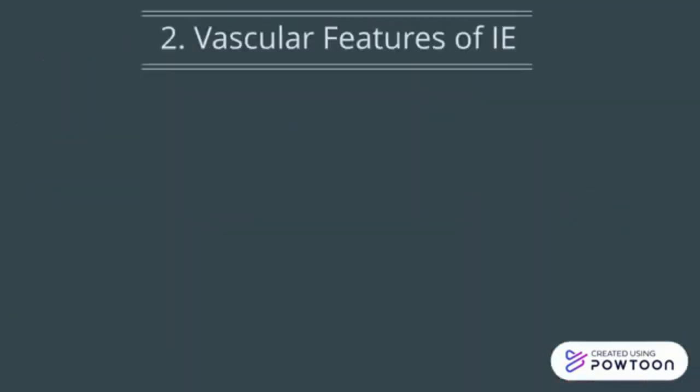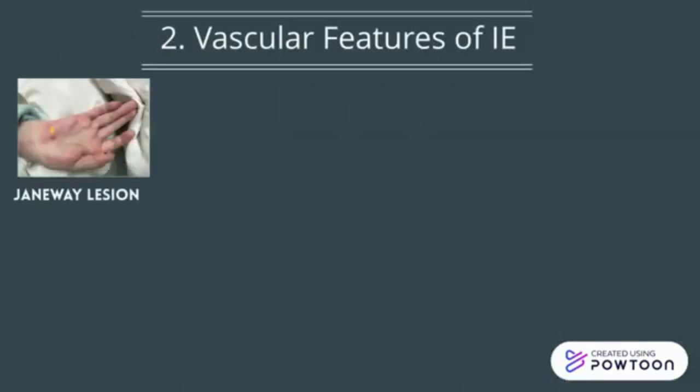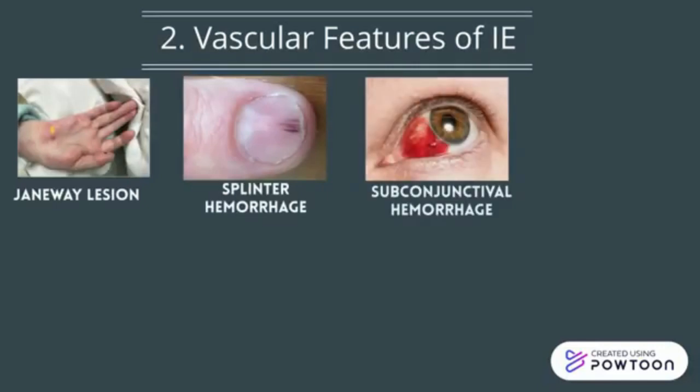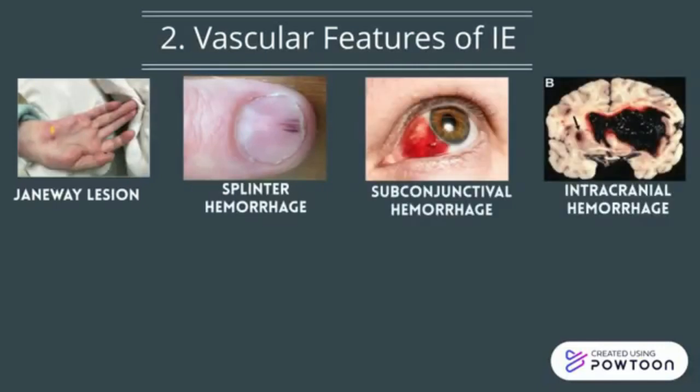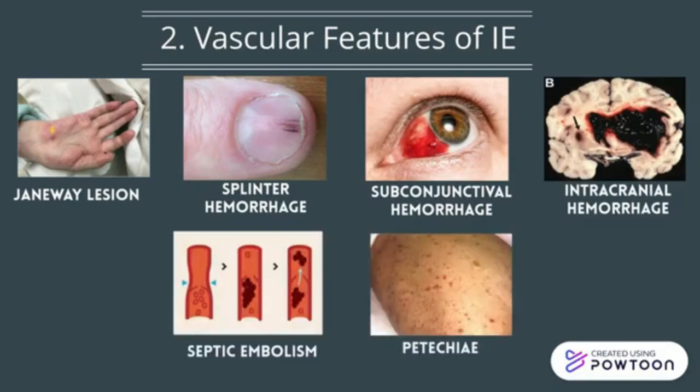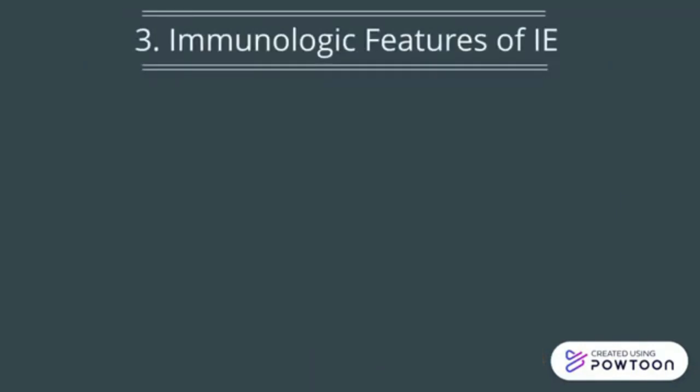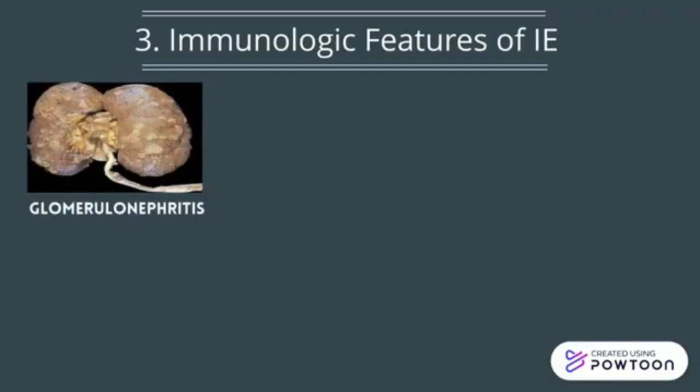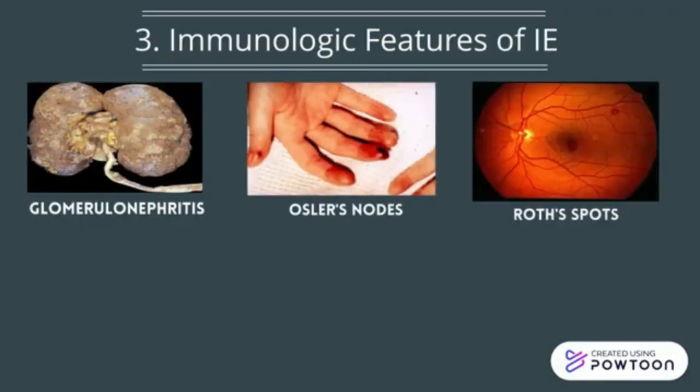As for vascular features of infective endocarditis, we have granulation, splinter hemorrhage, subconjunctival hemorrhage, intracranial hemorrhage, septic embolism, and petechiae. And lastly, for immunologic features of infective endocarditis, there are glomerulonephritis, Osler's nodes, Roth spots, and rheumatoid factor.